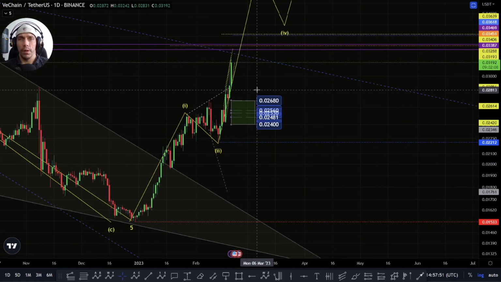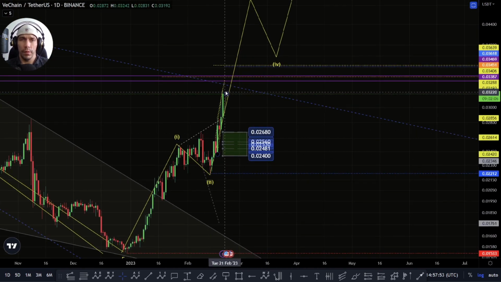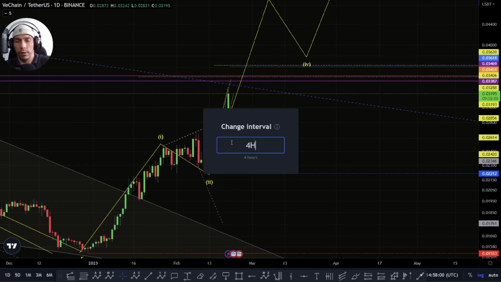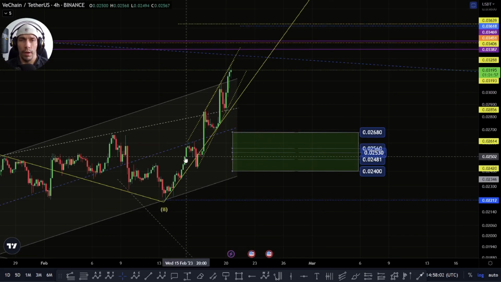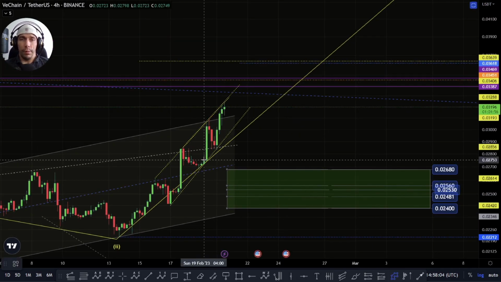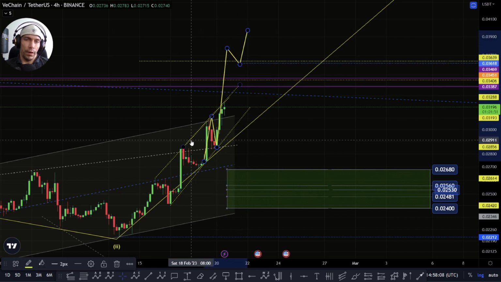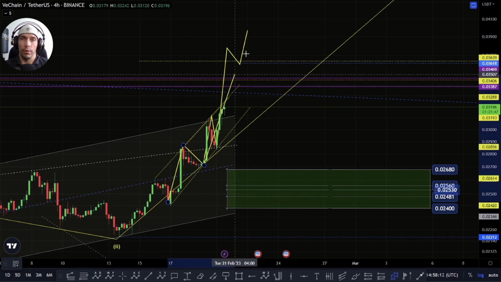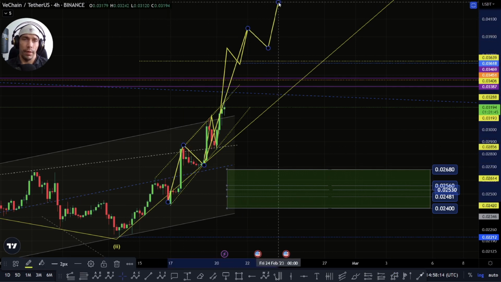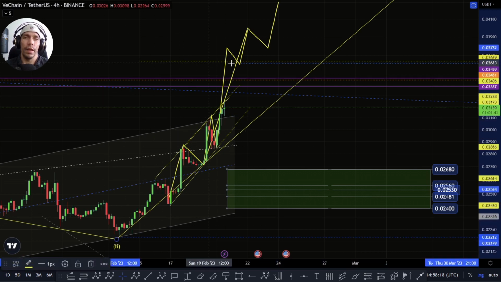So yeah, we need to just see how we retrace from here. That's what I'll be looking for. If we do just continue to push up here, the waves might start to form and make more sense, where potentially we could look at this extending out for a 5-wave move, and then we'd take this next wave back as another 1, 2, 3, 4, 5, and then this first move here would start to make sense.